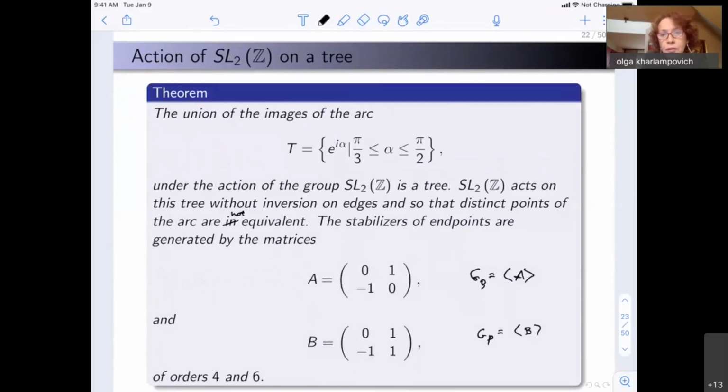Now the stabilizers of the endpoints: we know how it acts, by Möbius transformations. So one can compute the stabilizer of the point Q, which is generated by this matrix A, and the stabilizer of the point P, generated by B. A has order 4, B has order 6.